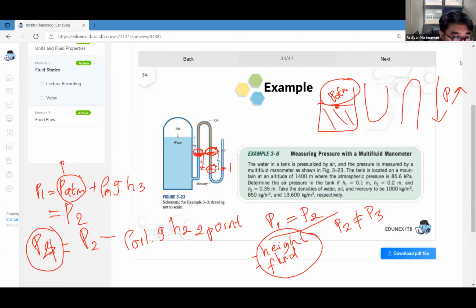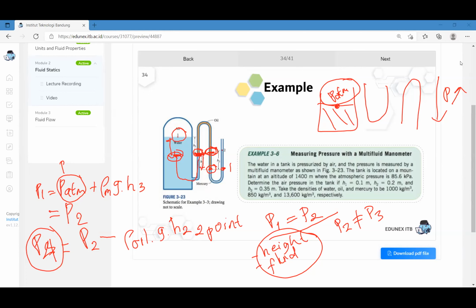It should be the same pressure between this point and this point, right? Because the height is the same, and these two points are connected with water. So the pressure at this point is the same. You have height difference, then you can calculate the pressure of the air.